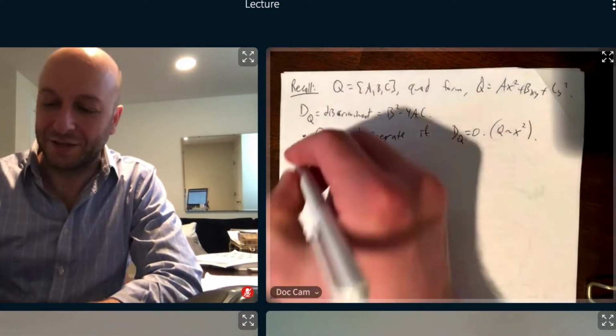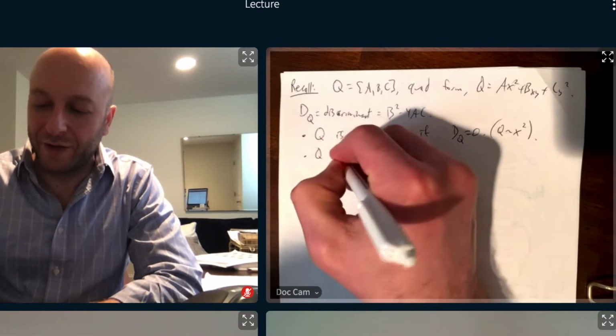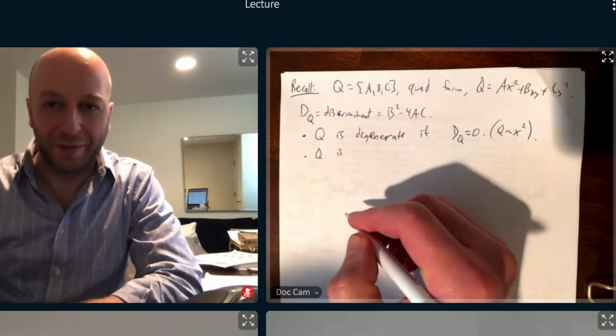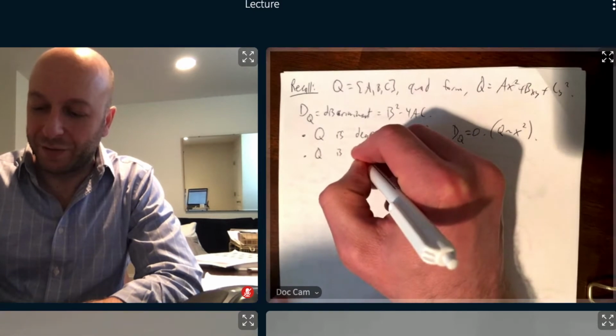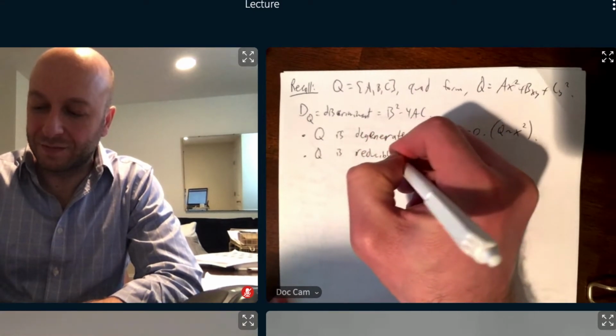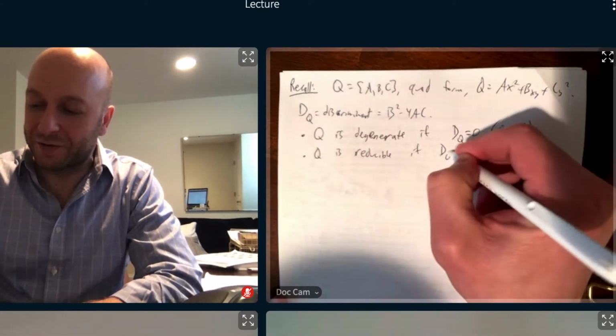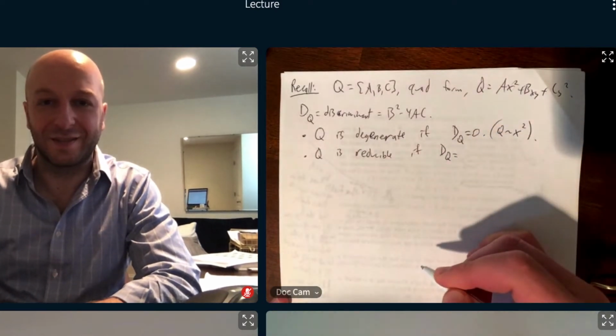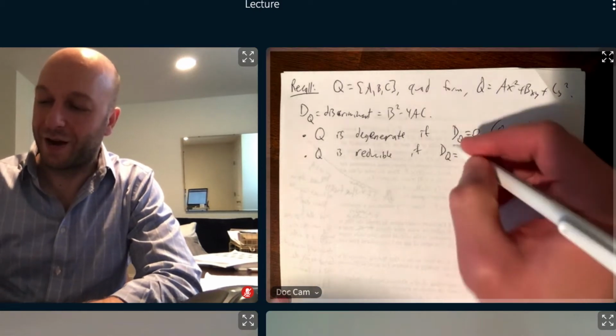So that's not interesting. Q is, what do we call it? Reducible, if the discriminant is a perfect square.